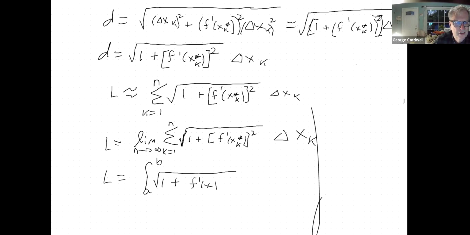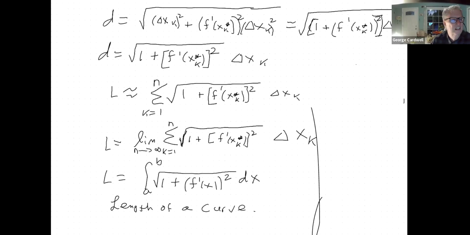So it's f prime x squared, and then delta xk turns into dx. So that's our formula for the length of a curve. We just derived that formula.